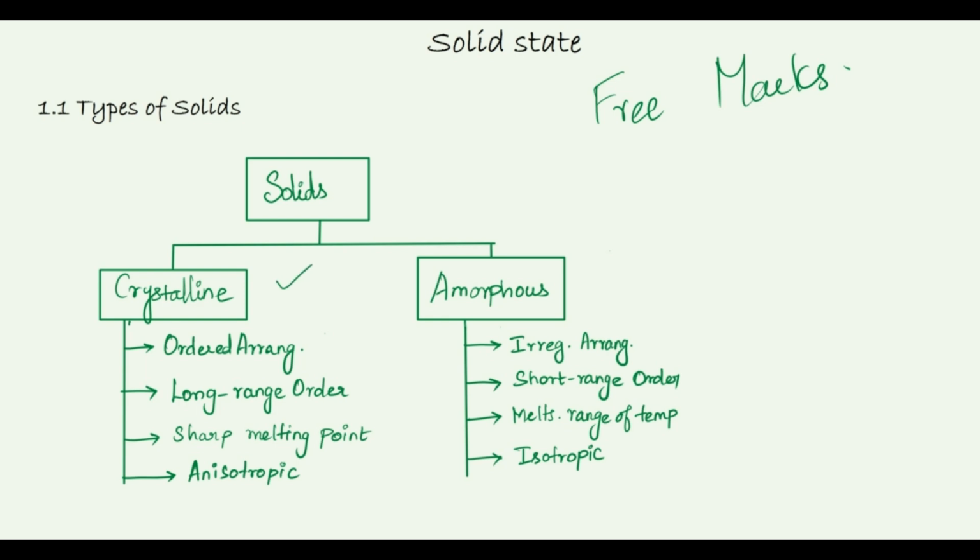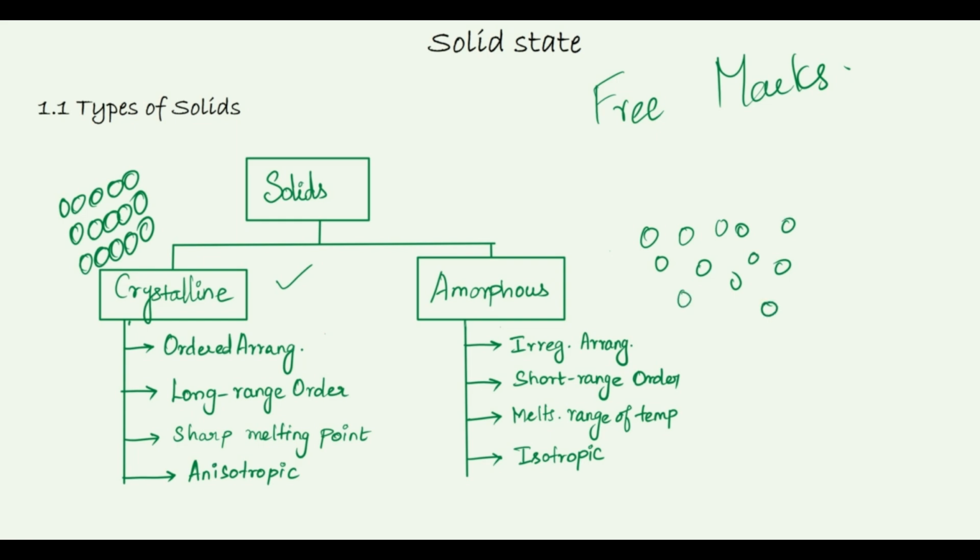Based on the arrangement of the particles, solids are classified into crystalline and amorphous. Crystalline solids are orderly arranged like this. But in case of amorphous, it's randomly arranged. It's not regular at all.